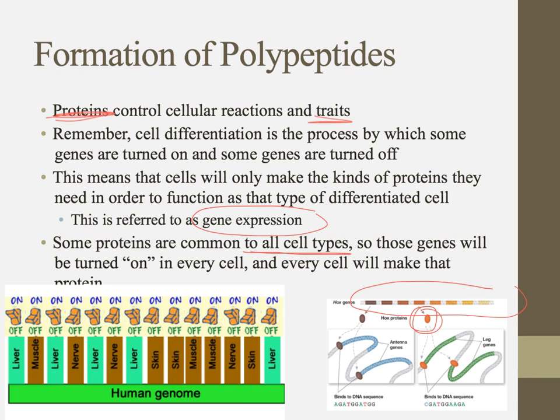If it's something that's really specific though, like again, the ability to produce insulin, well, only your pancreatic cells are going to have those insulin producing genes turned on and produce that insulin protein. You don't need your skin producing insulin, so those genes would be turned off.